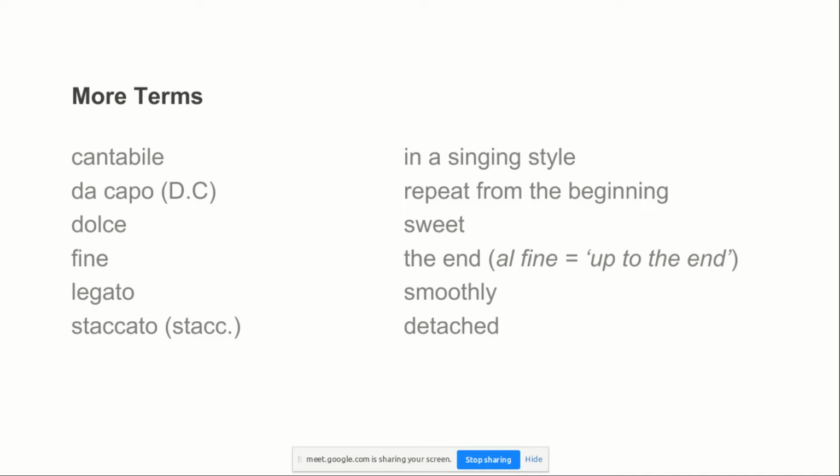Dun, dun, dun, dun. So can that be a staccato? Yeah, I get your question.